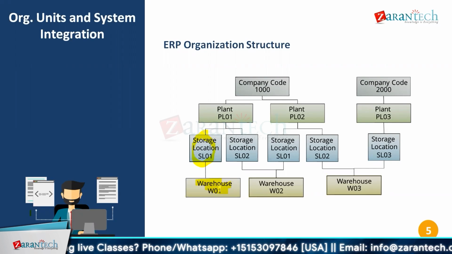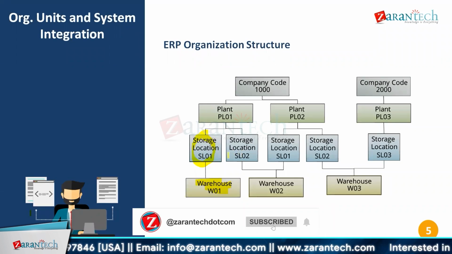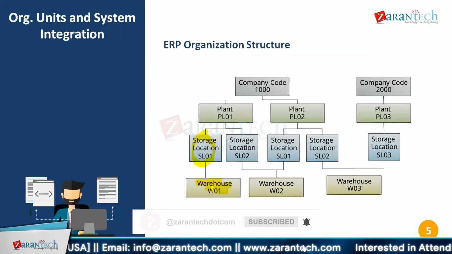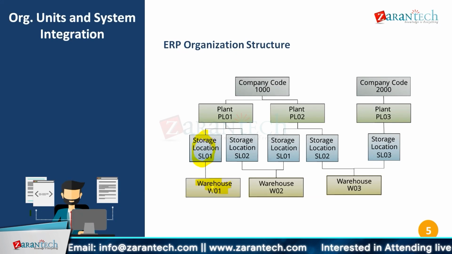Take this example. This plant has two store locations. Let's say SL01 is a raw material store location and SL02 is a finished product store location. You can have both of them in the same warehouse, and within the warehouse you should also be able to identify the stock of each store location separately, or you can store it in a separate warehouse.